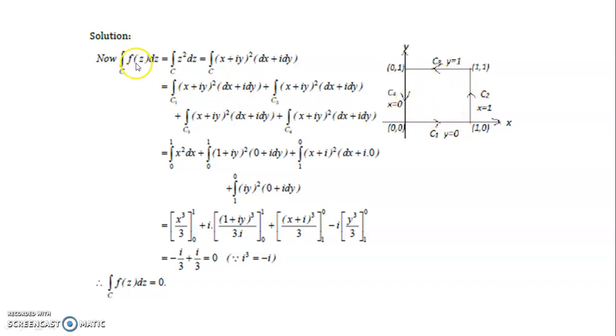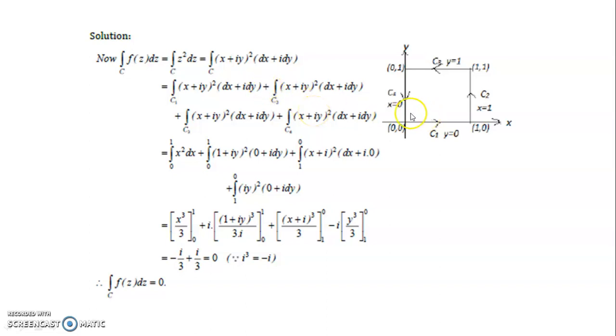So now we can take f of z, that is z square dz, where z is x plus iy whole square and dz is dx plus i dy, and simplify by squaring and taking the product.